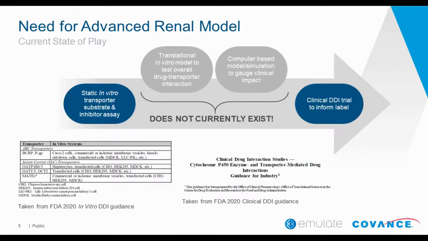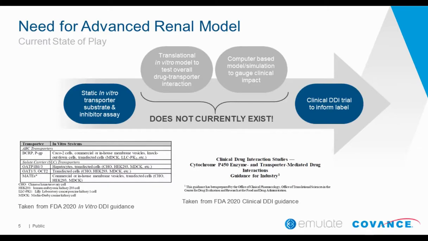The relevance for an advanced model in kidney or renal functionality is highlighted in this slide. There's a number of interesting publications and guidance around assessing drug-drug interactions. And in the middle, the gray two bubbles highlight some of the current gaps that exist today.